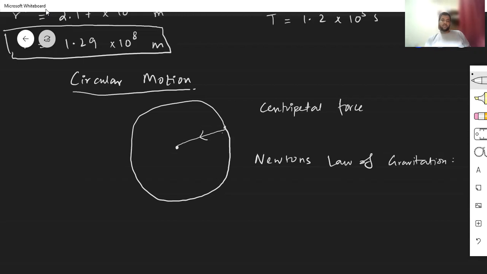It says that when there are two masses, they always attract each other, and the force by which the objects attract each other is directly proportional to the product of the masses of the two objects and the square of the radius. I'm sorry, not the square of the radius, just radius. So sorry.